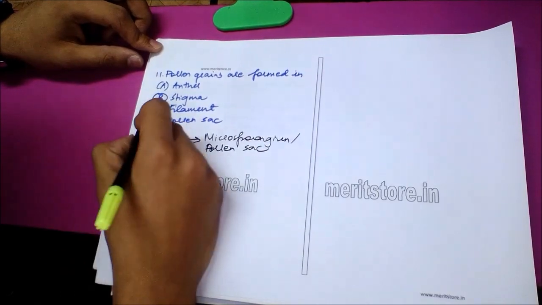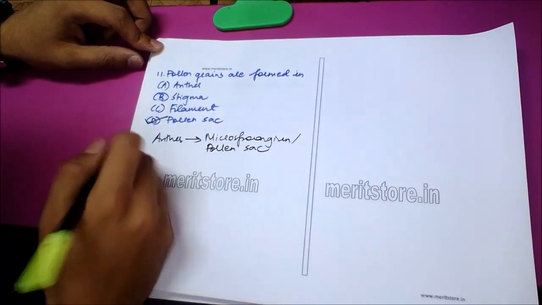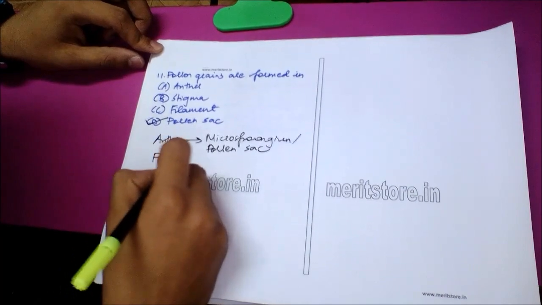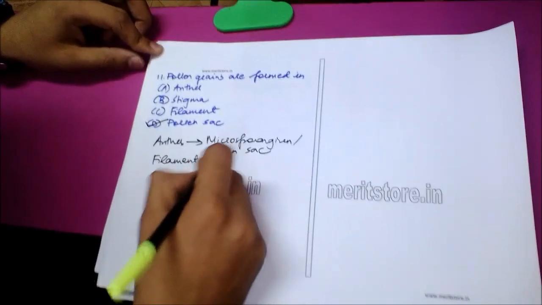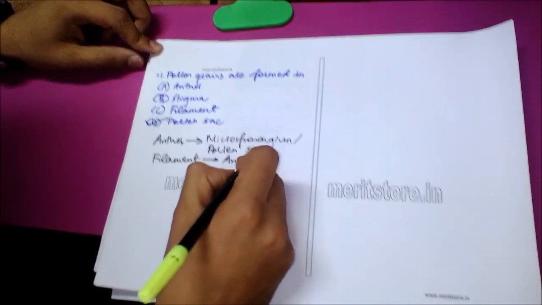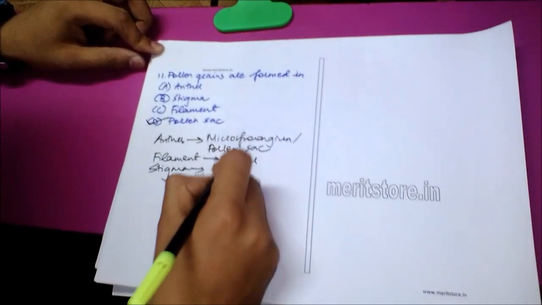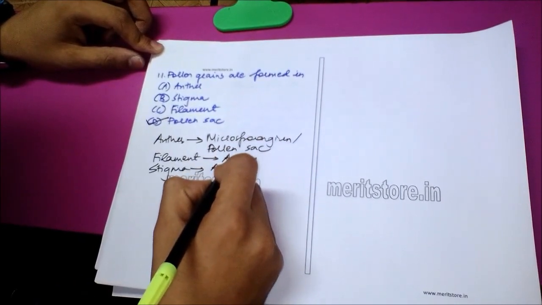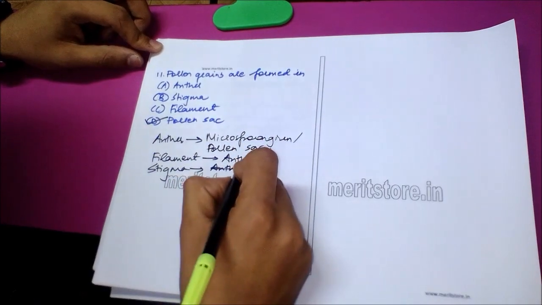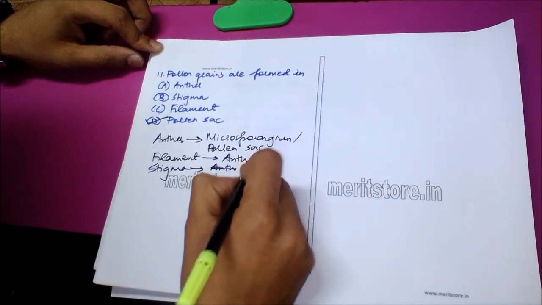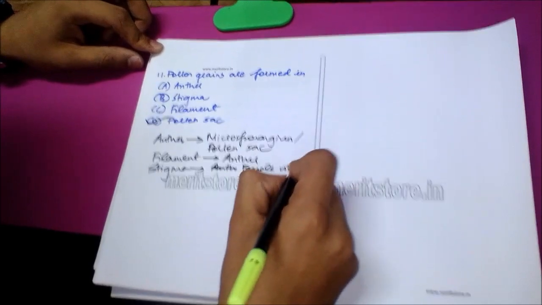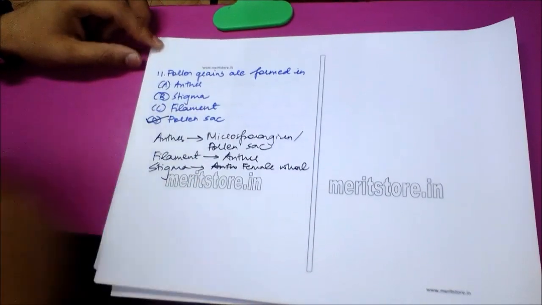So the answer to this question is option D, which is pollen sac. Filament is a part of the stamen, not the anther. Stigma also is a part of the pistil. So the answer to this question is option D.